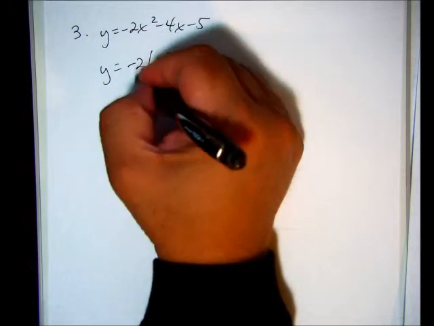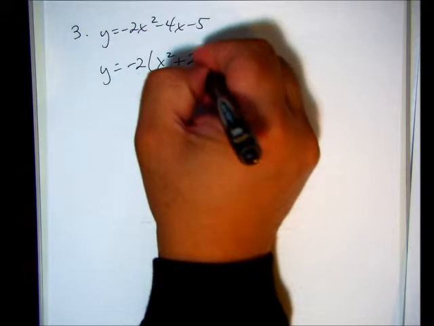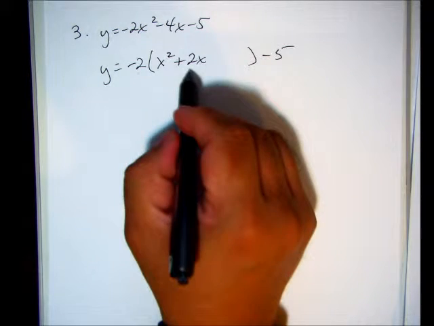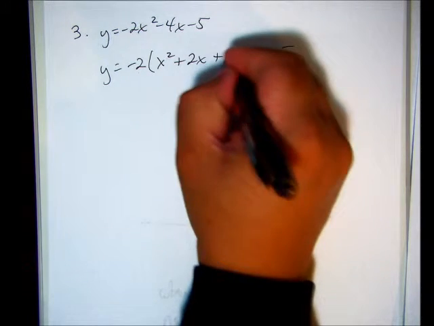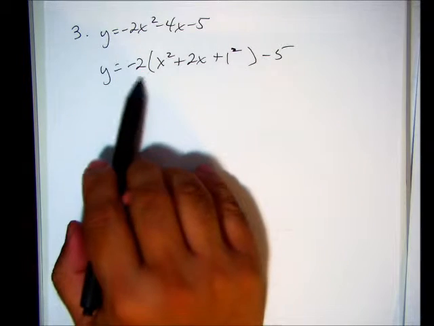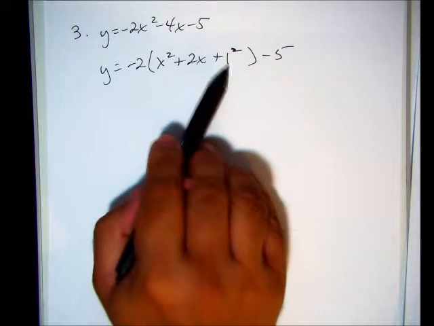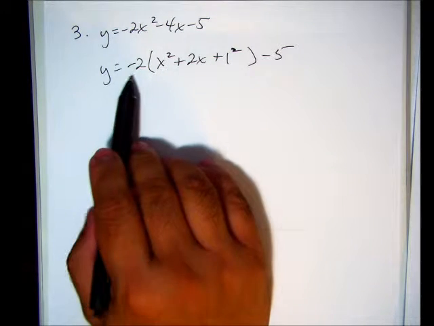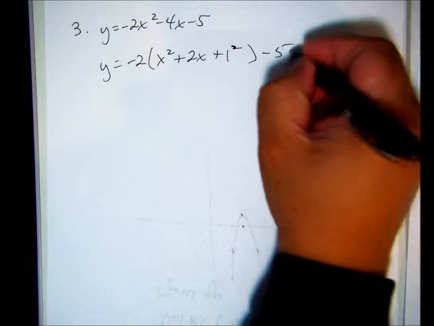So factor out negative 2 from negative 4x squared, I get positive 2x. Put the minus 5 out here. Half of 2 is 1. Square it, and 1 squared is 1. Now this time I'm compensating for negative 2 times 1, so I've actually subtracted 2. To compensate for the minus 2, I add 2 out here.